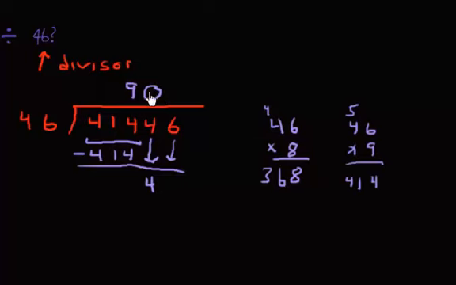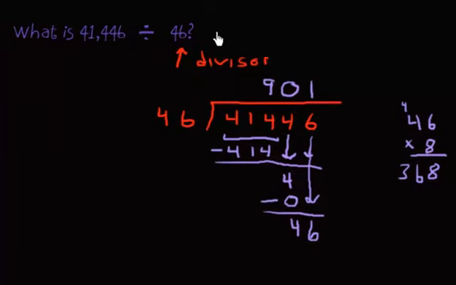And then notice 0 times 46 is 0. We would subtract it. We'd get 4, and then we would bring down that 6. So now 46 goes into 46 one time. So my answer would be 901. So what's the division? It would be 901.